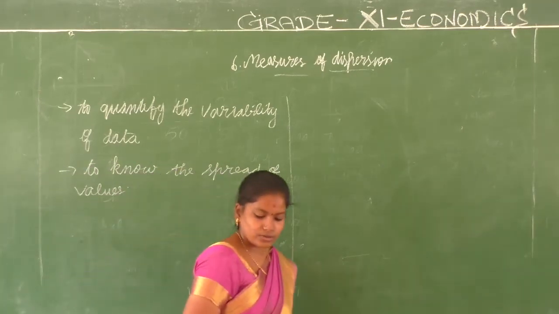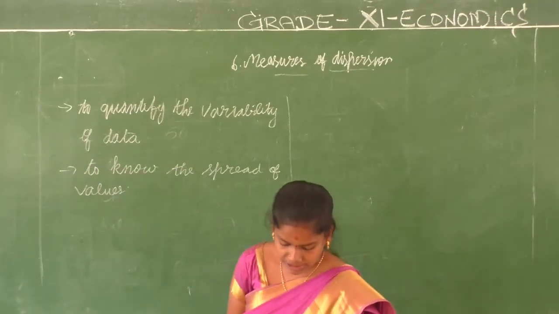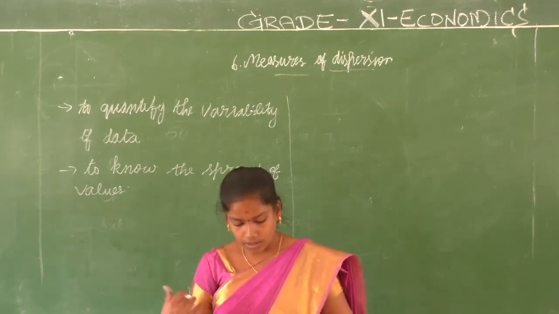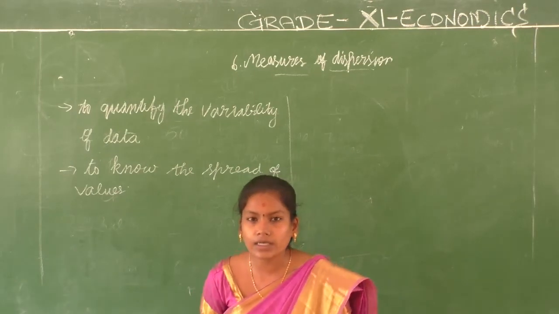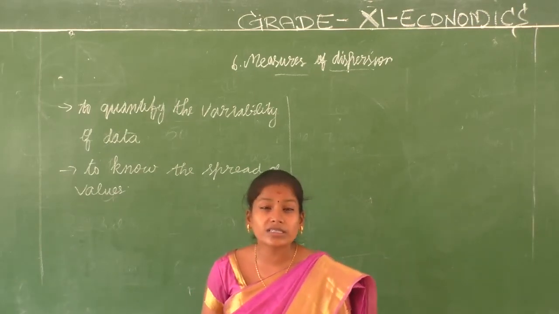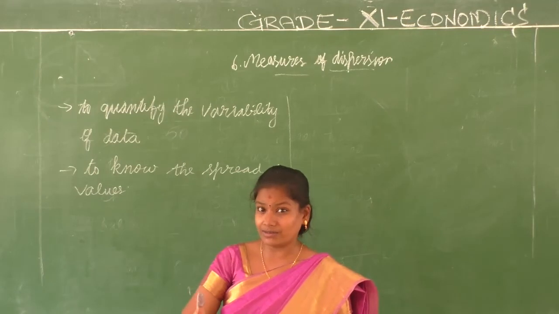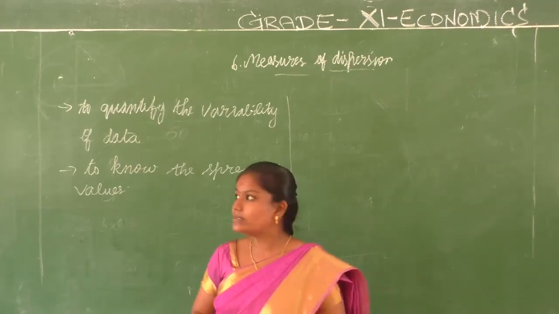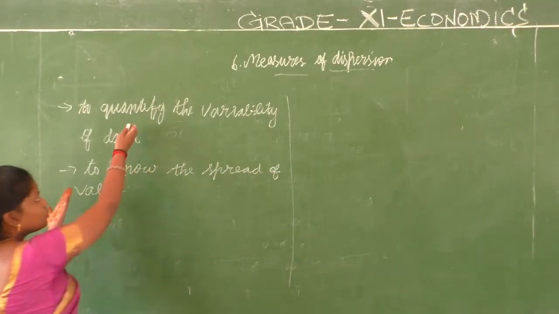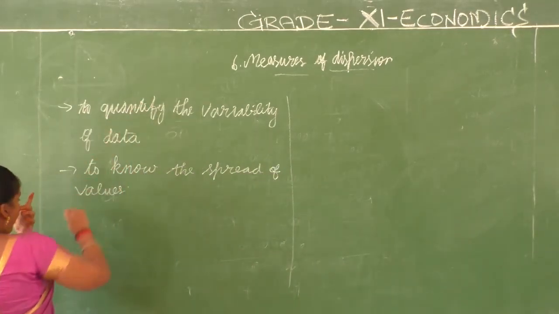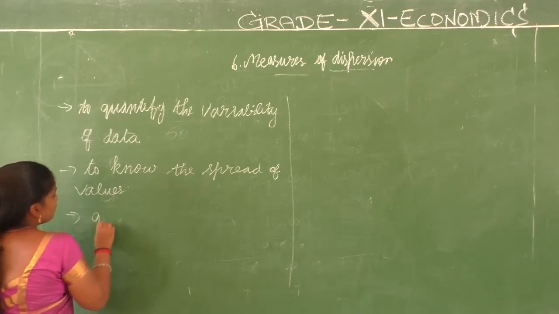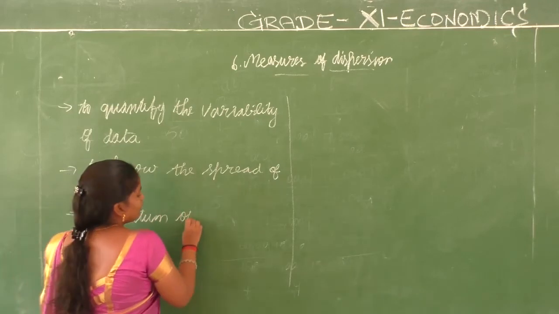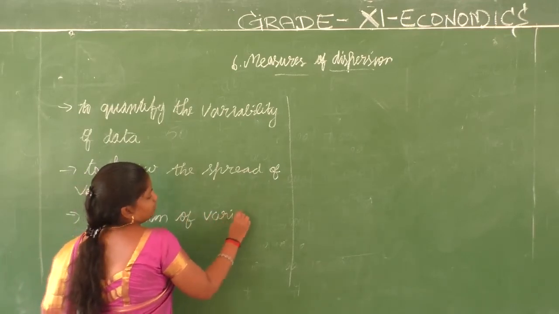We are going to use the measures of central tendency. Sorry, measures of dispersion. I'm really sorry. So it tells you the quantum of variation in value. What does it tell? How it differs. What are the values there? So it tells you the quantum of variation. Quantify the variability only. Otherwise you are saying quantum of variations. How much it differs in numbers.